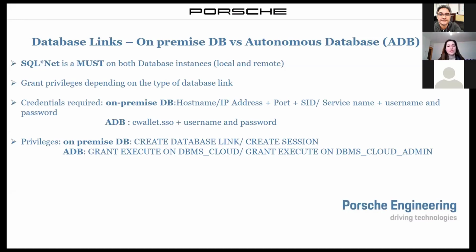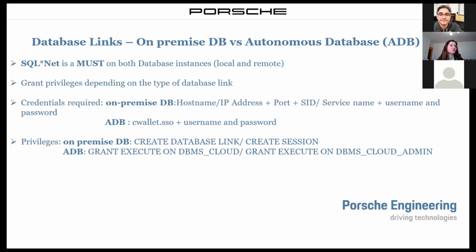And from there, we only need to use cwallet.sso. Cwallet.sso stores all the certificates. And other than that, we only need to provide the username and the password for the target database, the one that we are going to create a database link on.